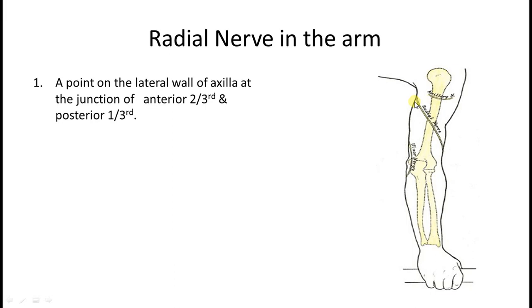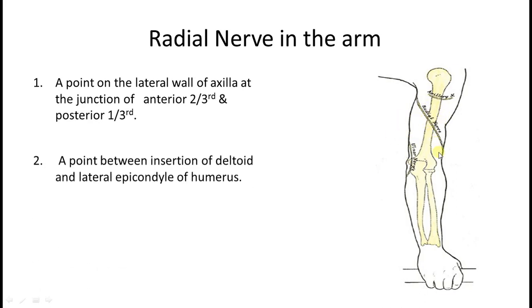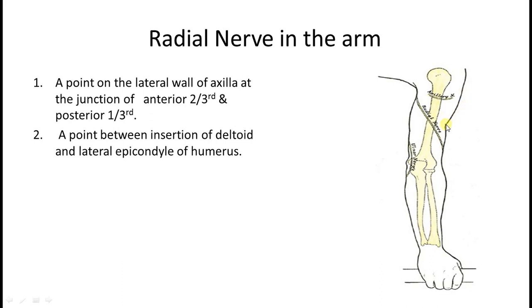Now for the radial nerve also, you mark on the lateral wall, and then on the posterior aspect of the arm, a point between the deltoid insertion and the lateral epicondyle of the humerus. Between these two, you take a midpoint. Deltoid forms the rounded contour of the shoulder, and you can palpate the deltoid muscle if you slightly abduct your arm. You take the midpoint between where the deltoid ends and the lateral epicondyle, which is a bony projection.